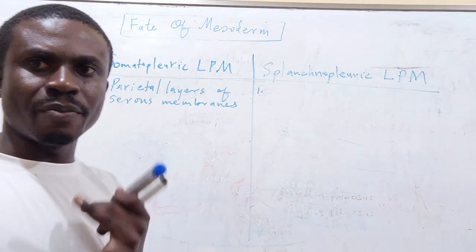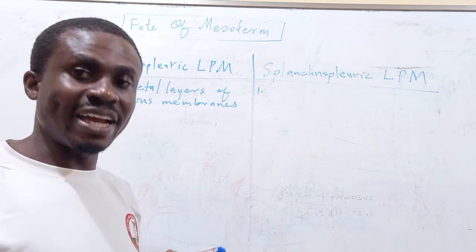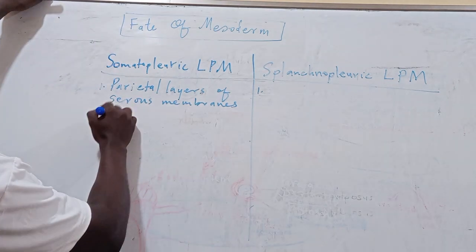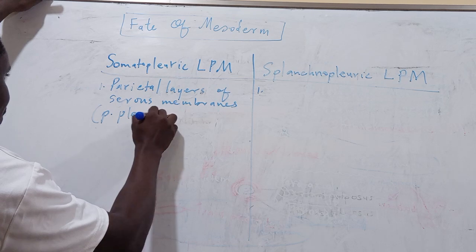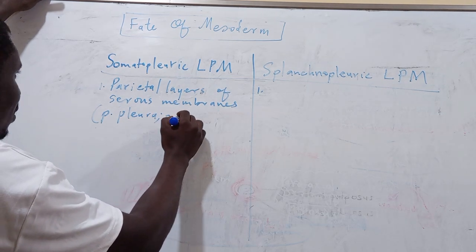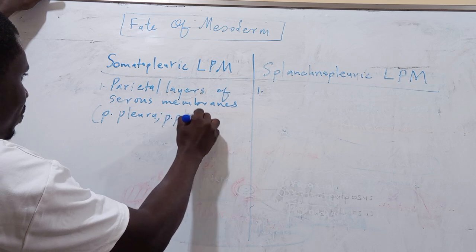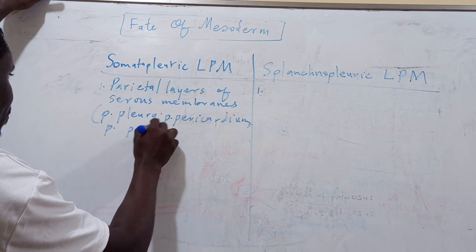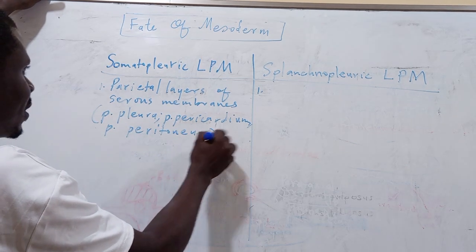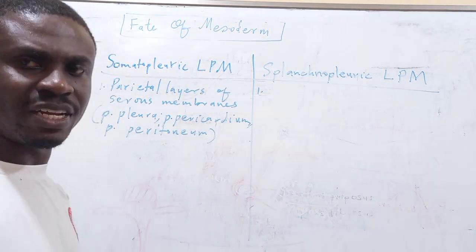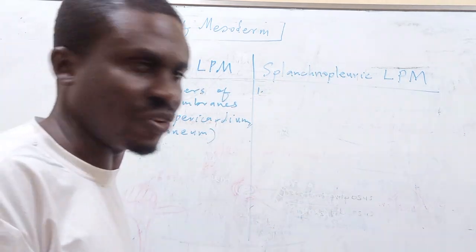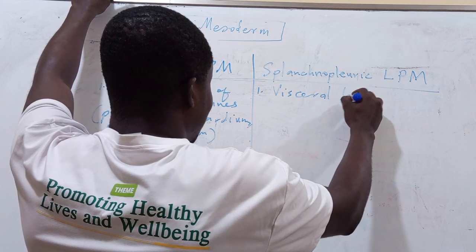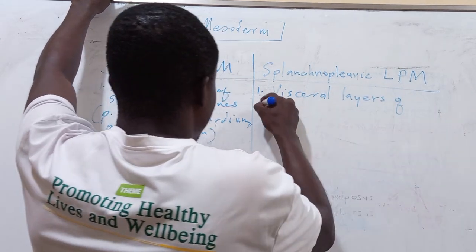We are talking about parietal pleura, parietal pericardium, and parietal peritoneum. While the splanchnopleuric is in close association with the organs, the viscera. For this reason, all these visceral layers of serous membranes.